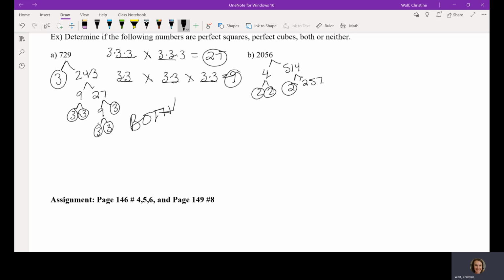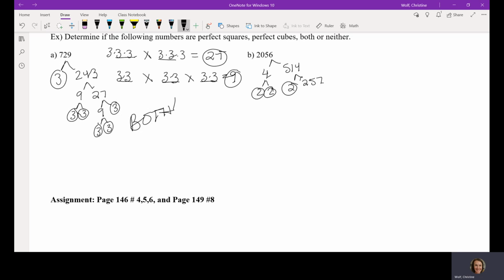257 divided by, what works? 3 doesn't work. 7 doesn't work. 9 doesn't work. 11 doesn't work. 13 doesn't work. So it looks like nothing really divides into 257.